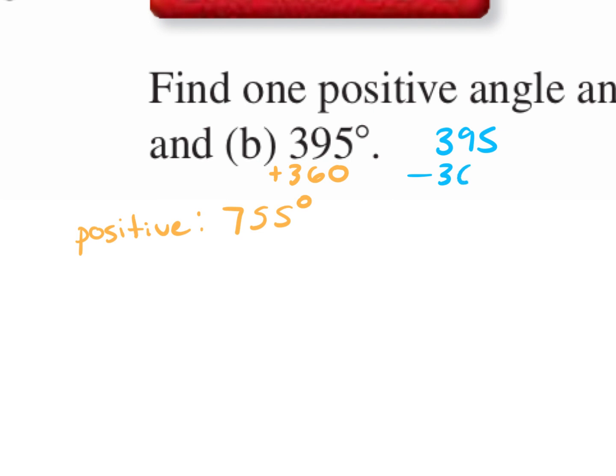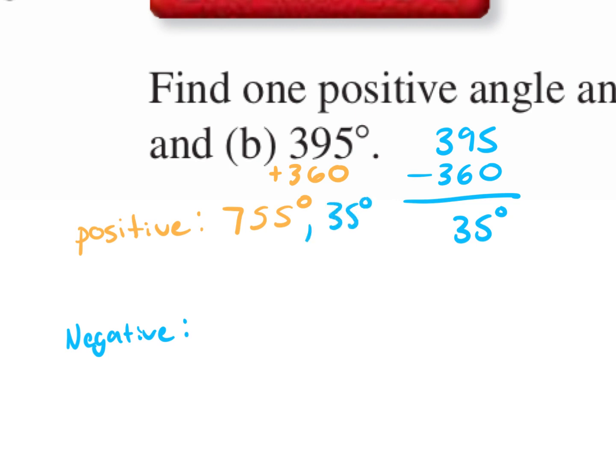Let's subtract 360. What do we get? 35 degrees. 35 degrees is still positive. So would that count for my negative coterminal angle? No, but that would actually be another positive coterminal angle. If you answered this question on a quiz and said 35, that would be right. If you answered it and said 755, that would be right. So they both work as positive coterminal angles, but if you said 35 for the negative one, that would be wrong because is 35 negative?